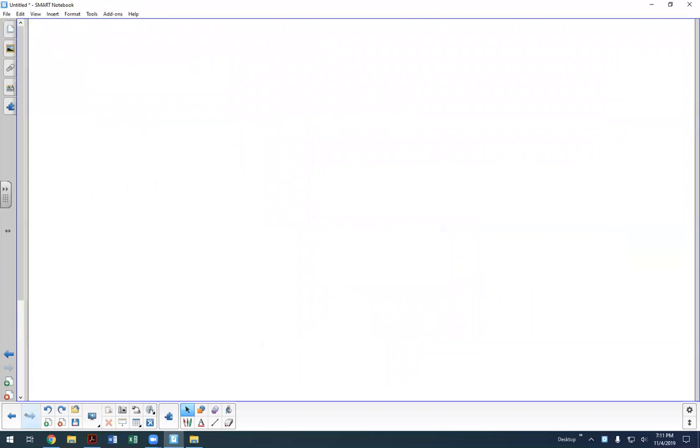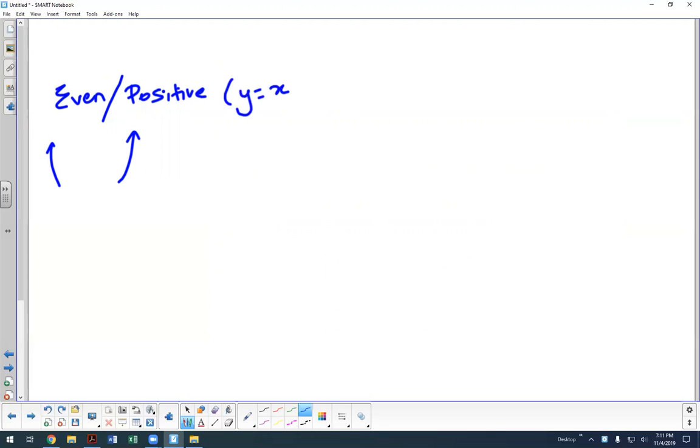So to remember your leading coefficient test, if it is an even exponent with a positive coefficient, both your arms are going to go up. Think about your y equals x squared function in this case. Remember, that's your basic parabola with both arms going up.